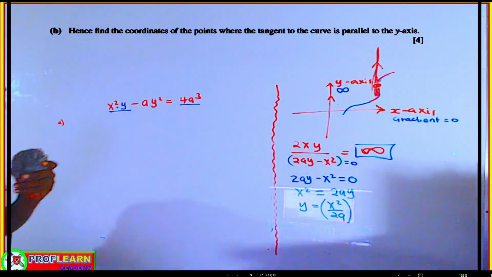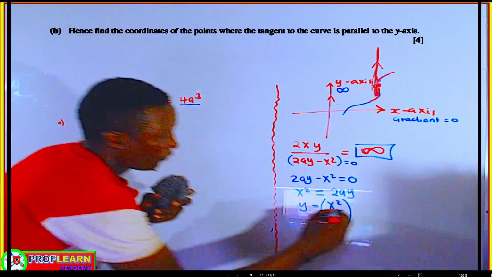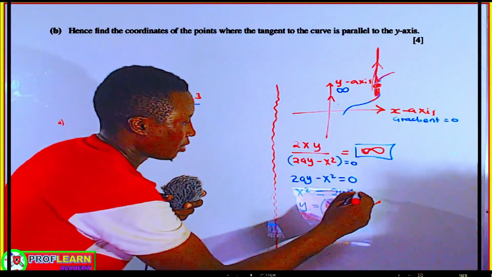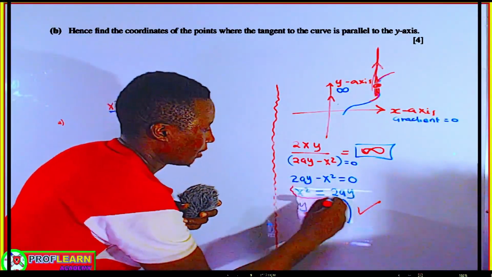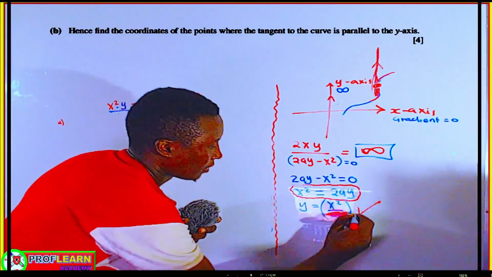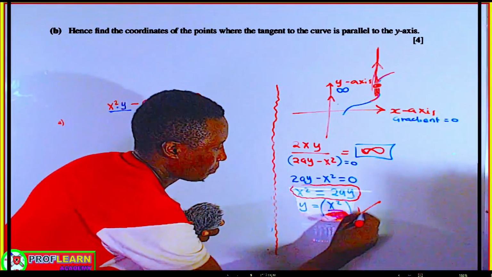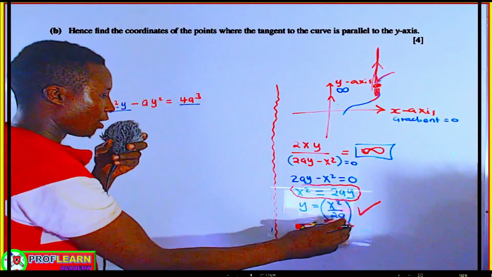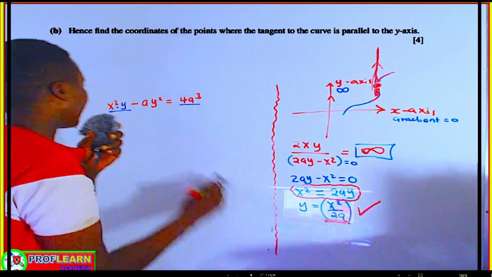Now, since we have y equal to x squared over 2a, which we got from this given point, we are going to substitute it anywhere we have y in the original equation.